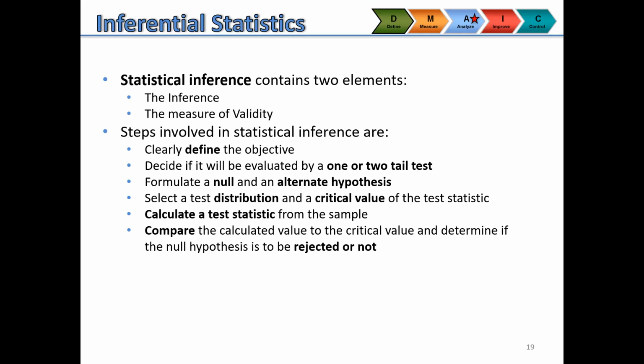Formulate a null and alternative hypothesis. Select the test distribution and a critical value. Calculate the test statistic from the sample, compare that to the critical value taken from a table, and determine if the null hypothesis is to be rejected or not. All right, that makes sense. I think we just covered it, so hopefully it makes more sense than if I just showed you this slide.